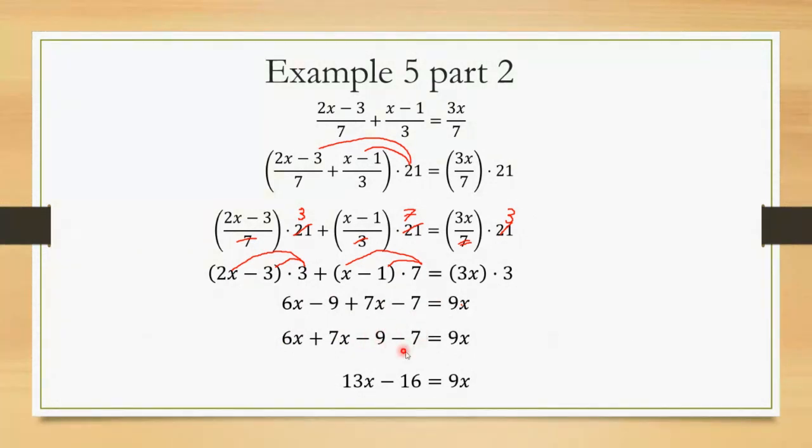Put those next to each other. And we have equals 9x. And so from here, what we get is 13x, when you combine these two like terms, 6x and 7x, and minus 9 minus 7, that's minus 16, and we get 9x. So we have that equation to solve.